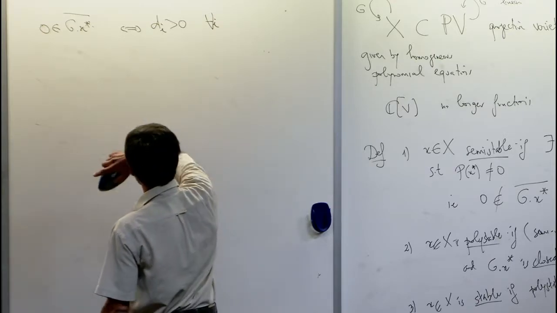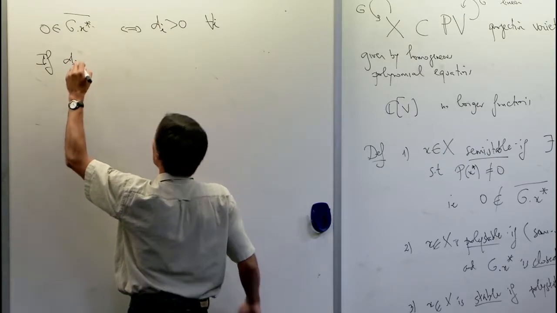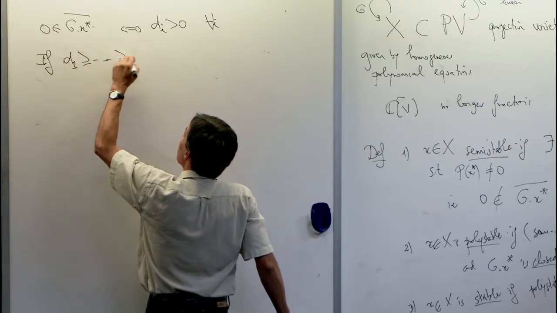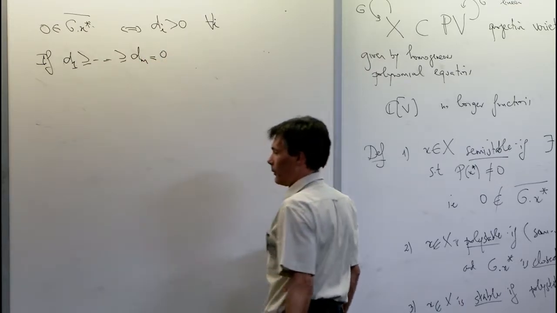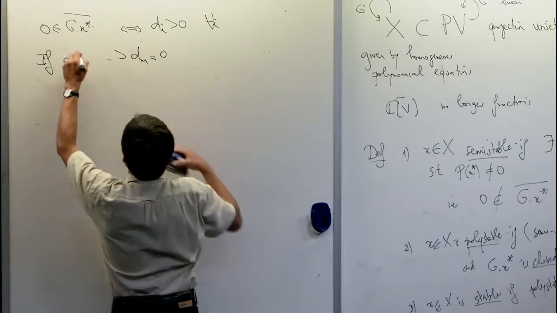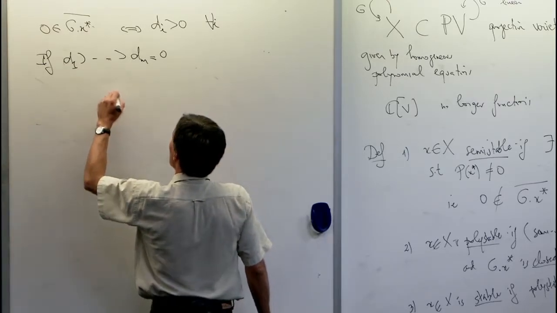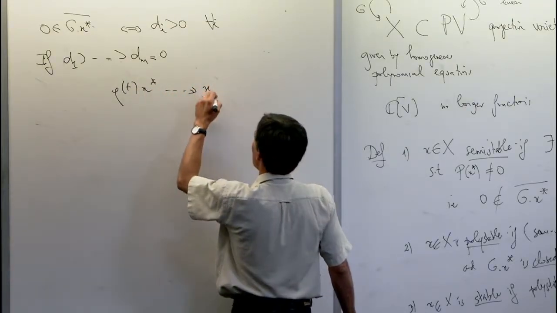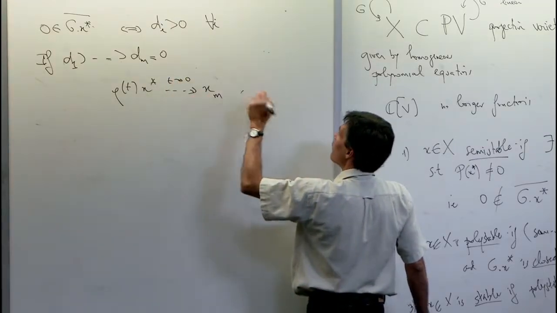So you can see that if we put the d_i in some order, and the smallest one is 0, then when t goes to 0, the point will converge to the point x_m. So the orbit is not closed.